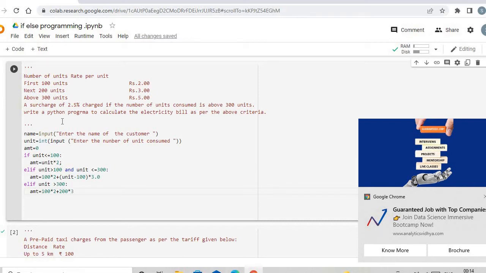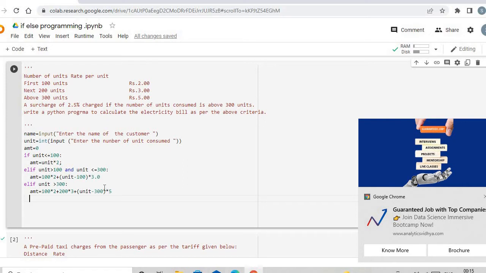For above 300 units, I pay unit minus 300, kept in brackets, into 5 per unit. Okay, that is all. We have calculated the problem.